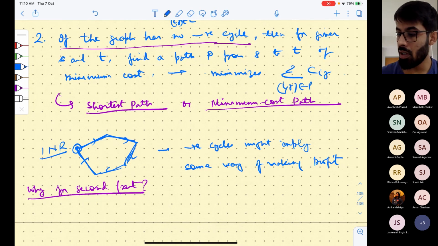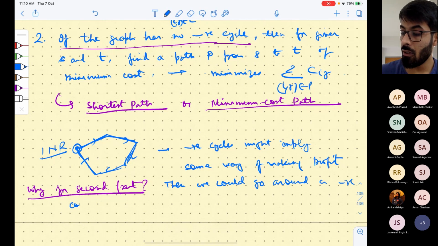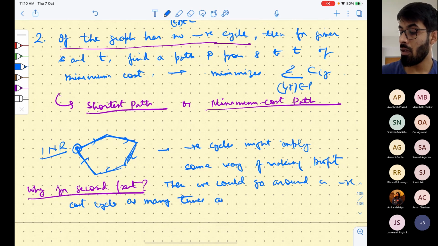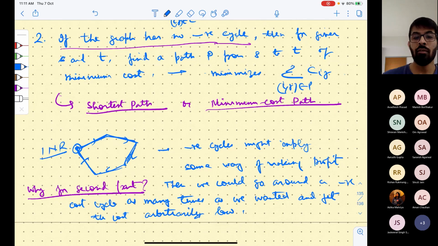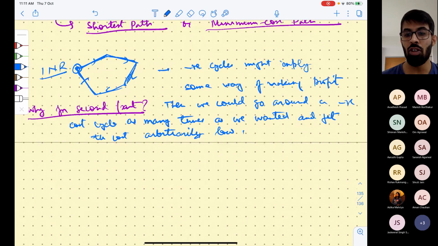We could go around the negative cost cycle as many times as we wanted and get the cost arbitrarily low. So that's why it makes sense to have that requirement for the shortest path.